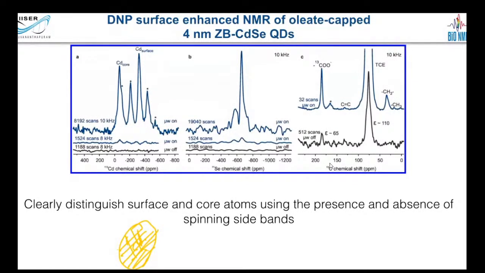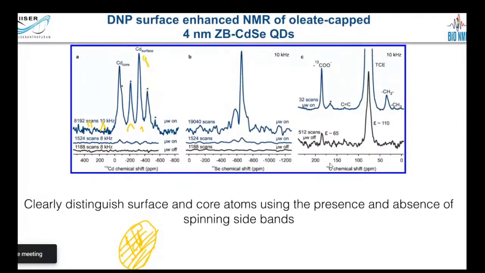That means it is not isotropic, but there is a difference in the environment in different directions. If it is a cadmium coming from the core, it has the same environment all over the place, so there are no sidebands. If there were sidebands, there should be a sideband here and there, which is not possible. You don't see it. So this is cadmium core.